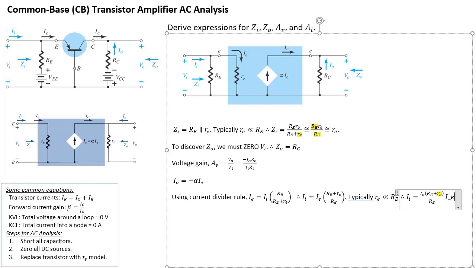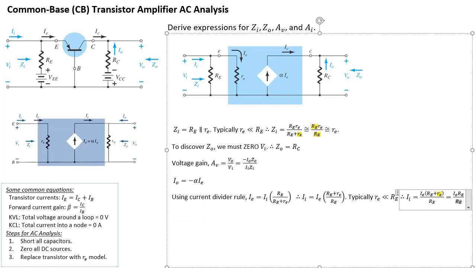Let me just write it out for completeness. II equals IE times RE divided by RE, right? So these two cancel.